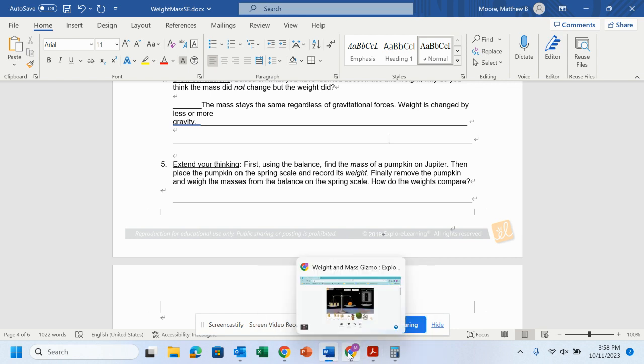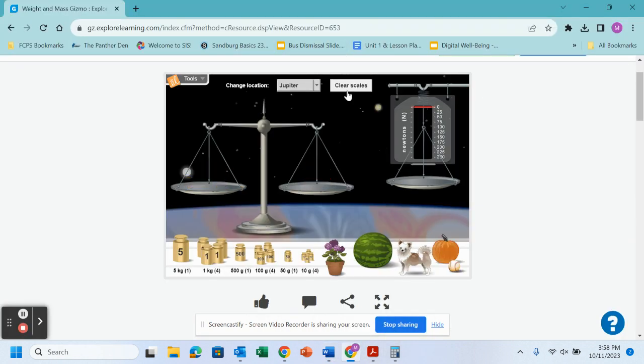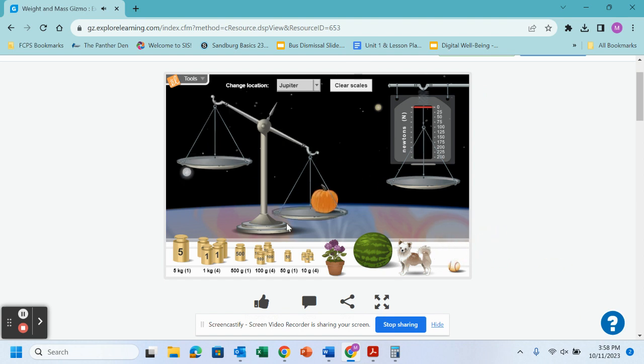Okay, so that makes sense. So we're going to clear scales, and we're going to weigh the pumpkin.